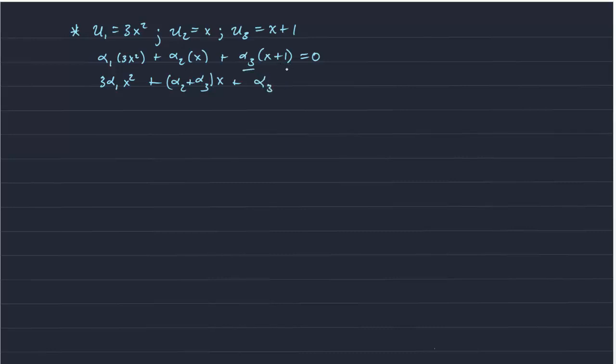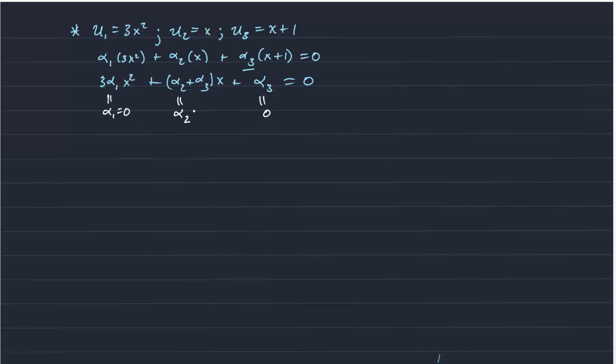Okay, so alpha 3 times 1 is just alpha 3. And for this to be true for any arbitrary value of x, alpha 1 must be 0, alpha 3 must be 0, and if alpha 3 is 0 here, then alpha 2 must be 0.